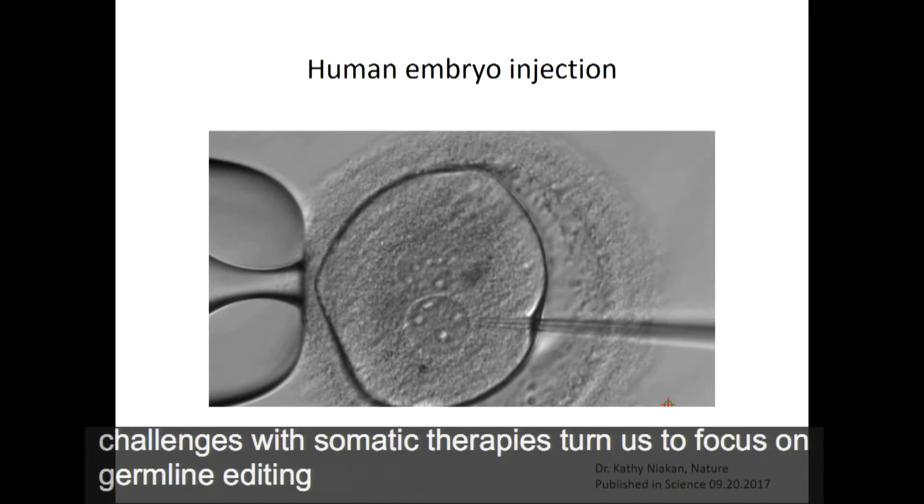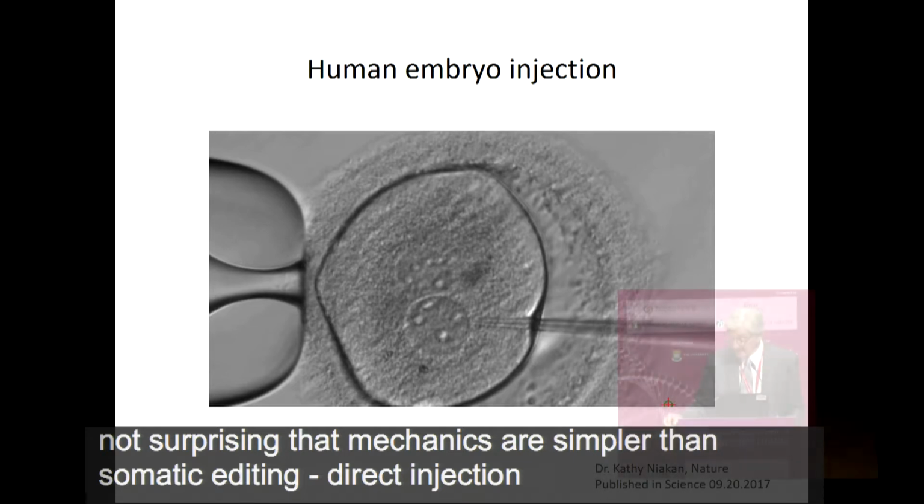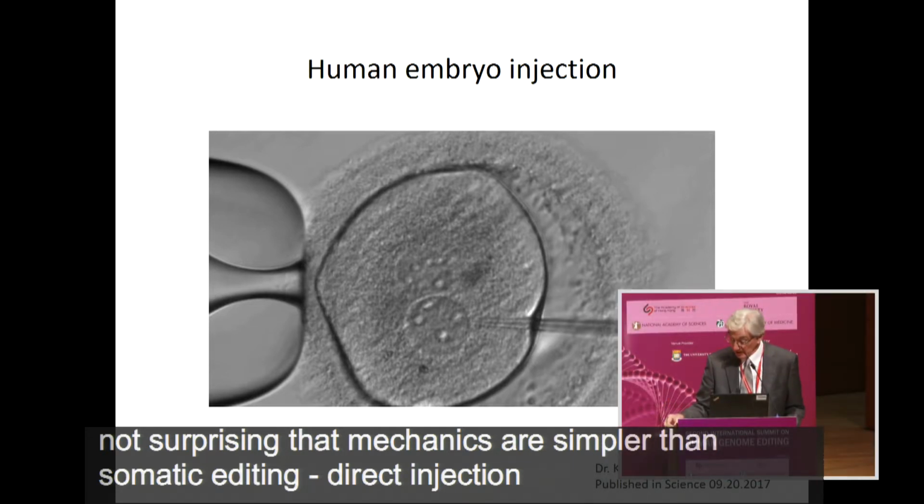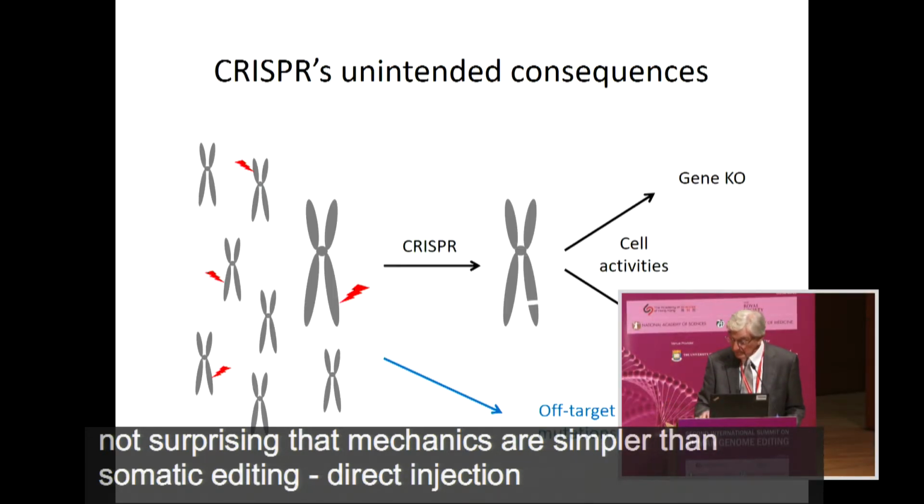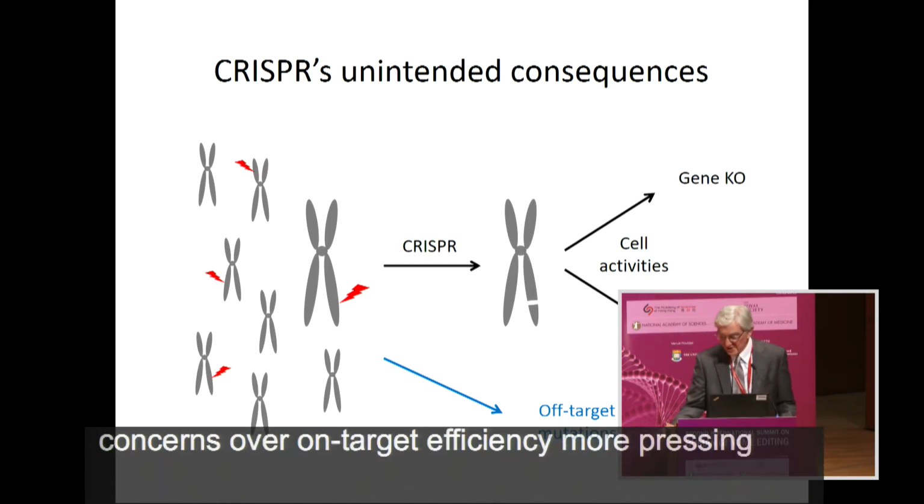However, in this case, the concerns over control of both on-target efficiency and off-target effects are much more pressing. This is just a conceptual illustration of off-target effects. With careful design and testing, all of the genome editing platforms are capable of high efficiency and specificity.